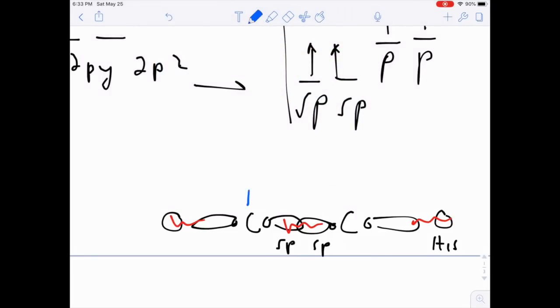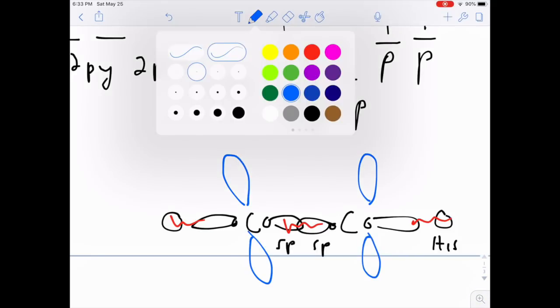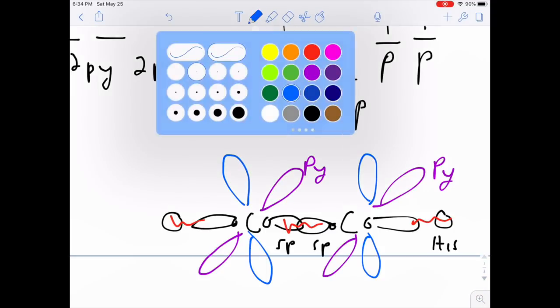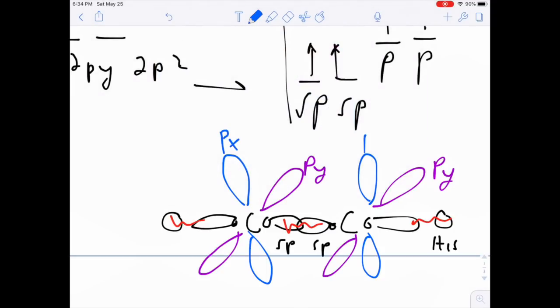So we have 1 over here, and then we can draw another one in another color, this way. We can call this one maybe py, and this one px. Now since we have these 2 extra p orbitals on each of the carbons, we can form 2 additional carbon-carbon bonds.